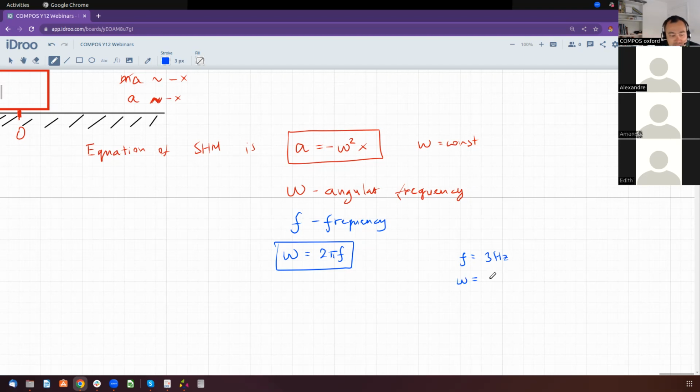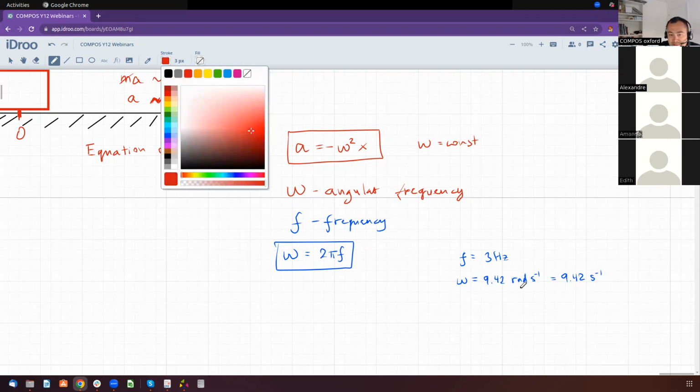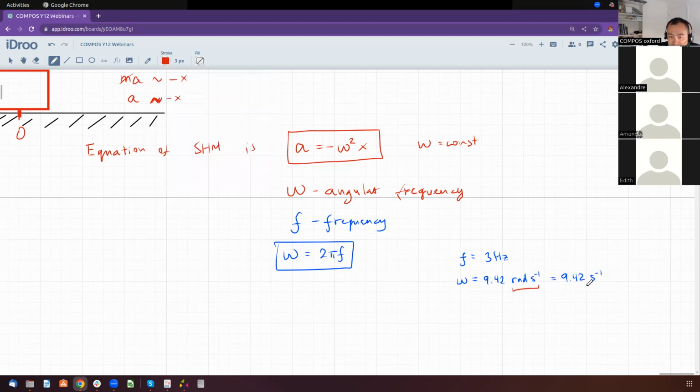So it's going to be 6 pi, which is 18.85 radians per second. Or simply, you can say it's 18.85 second to the power minus 1.